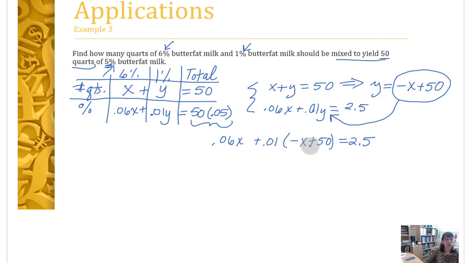Now you'll notice we only have one variable in the equation, so we should be able to solve for x. We'll be distributing the 0.01 to each term in the quantity.